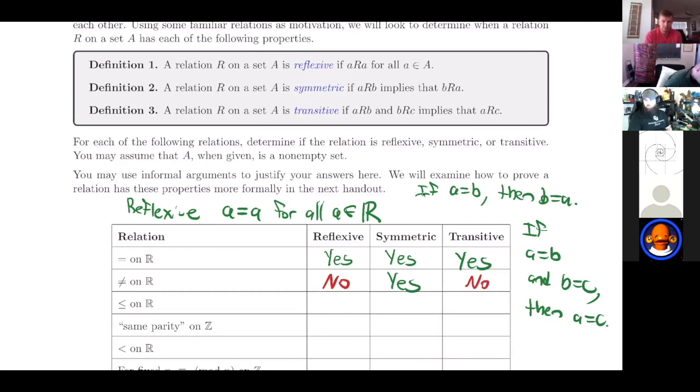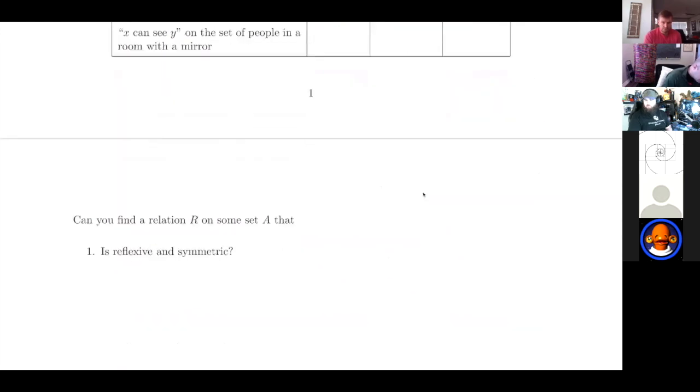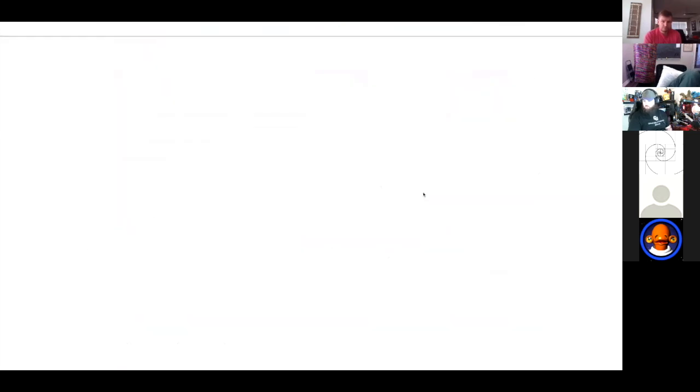If we do some scratch work on this, what's a counterexample for the reflexive property?